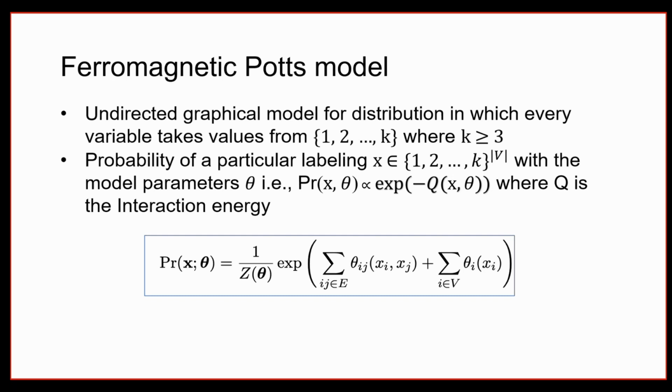Somehow you learn from the data that individually each node has some preference for any particular label from 1 to k. And these edge terms impose some interaction between the nodes. I'll give a particular example, but in the graph these are typically the neighboring nodes. So they impose some sort of smoothing constraint. It encourages clusters to form.